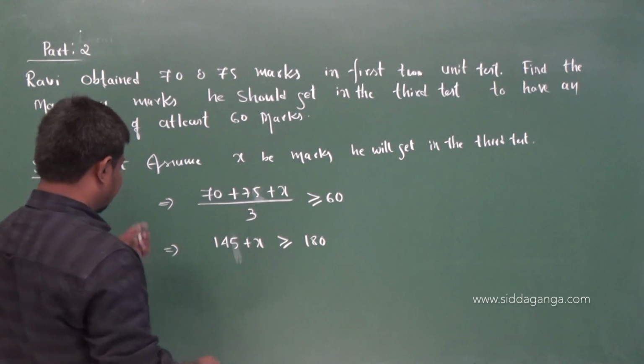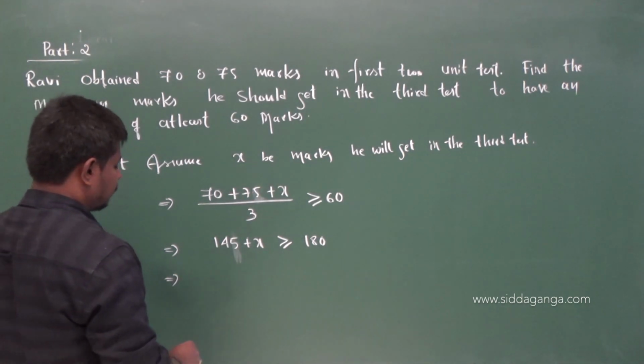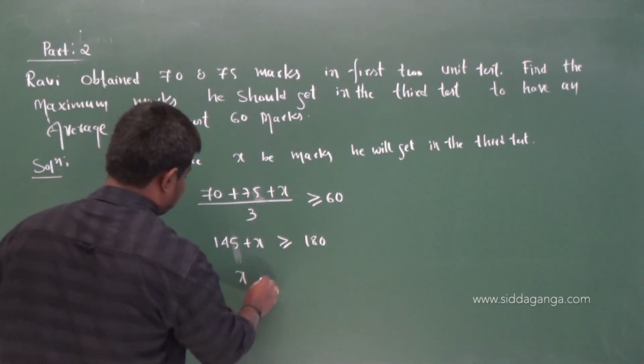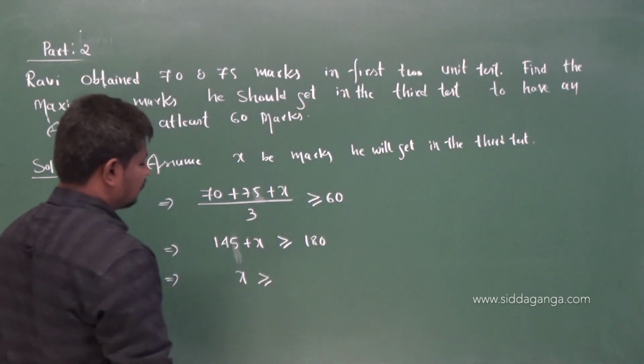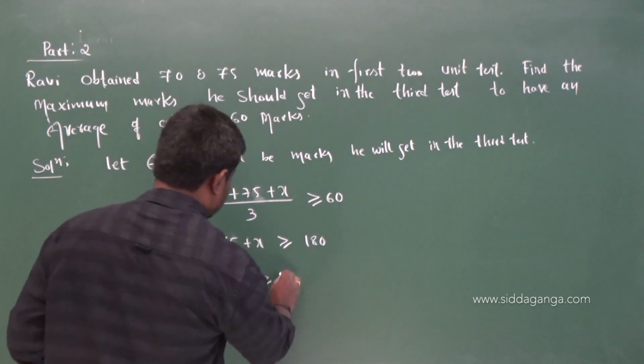Let us add minus 145 on both sides. 145 minus 145 gets cancelled, x is greater than or equal to 180 minus 145, that is 35.